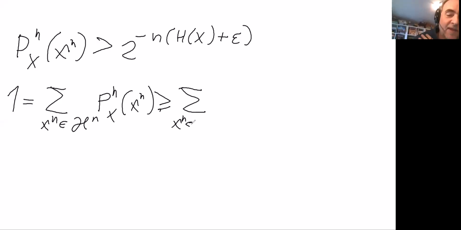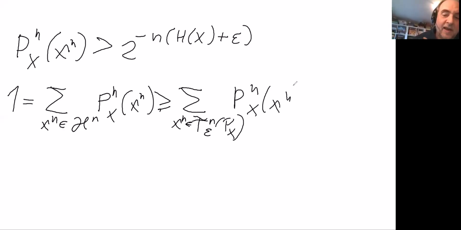So we just sum now over all sequences which are in the set of typical sequences, Px of xn.